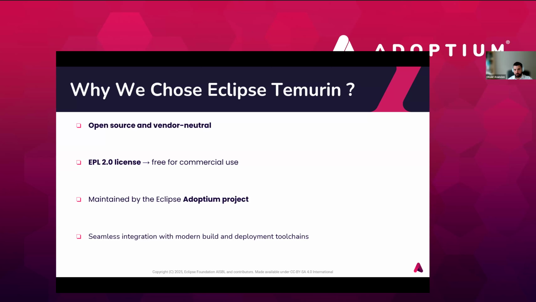Finally, the integration with our pipeline is easy because we can receive binaries for different versions and different platforms. And there are even Docker images, which is useful for containerized environments. So for all these reasons, Eclipse Temurin was a natural choice.